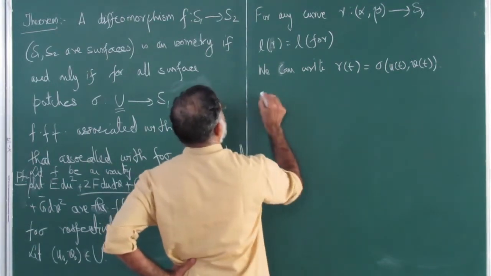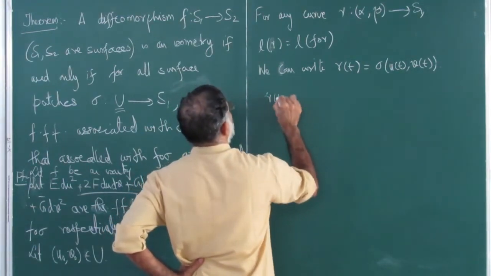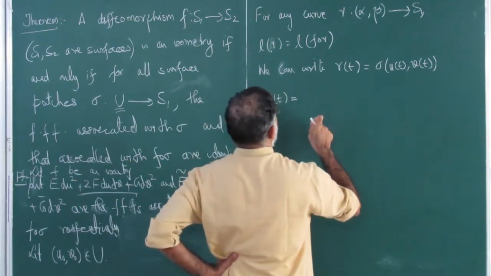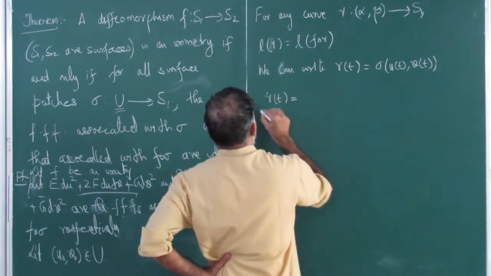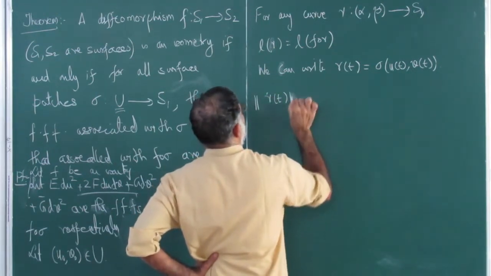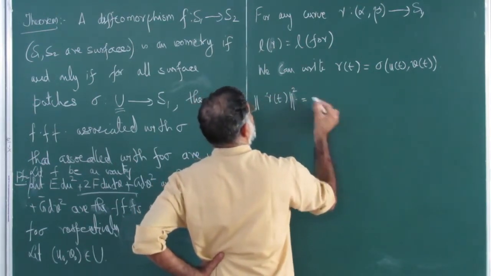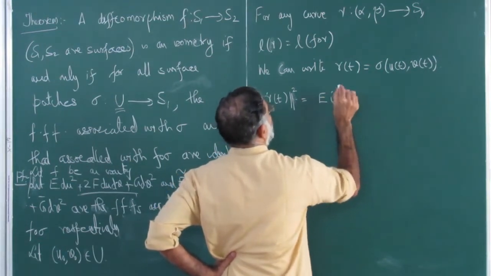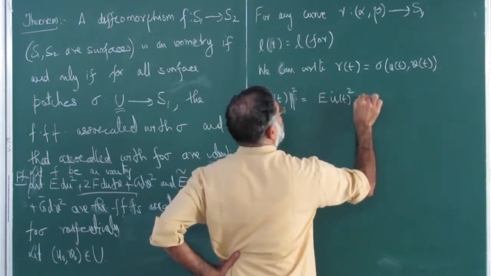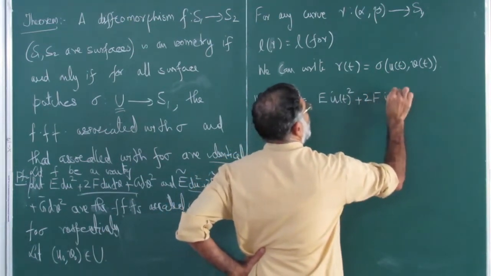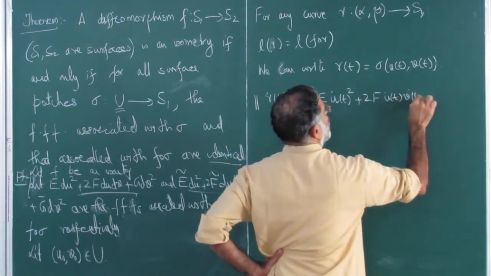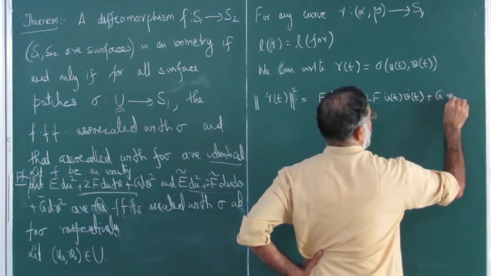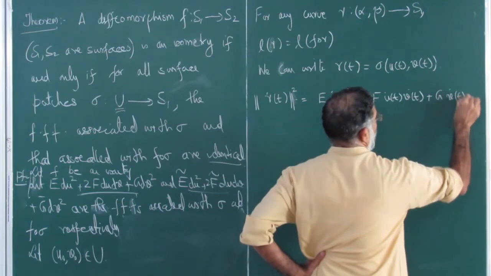So what do we get? Let us look at gamma dot t first. That we can easily write. This is equal to E u dot t square plus 2F u dot t v dot t plus G v dot t square. This we have seen in the earlier sessions.